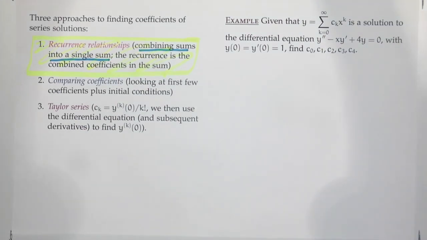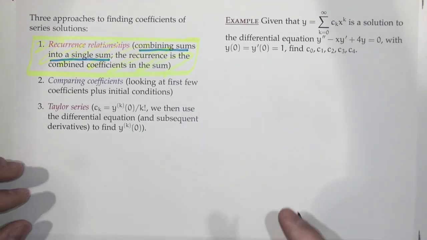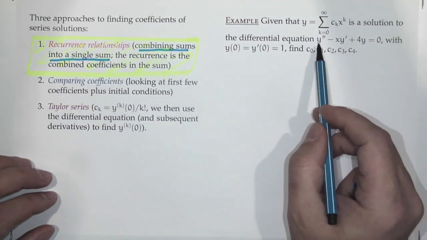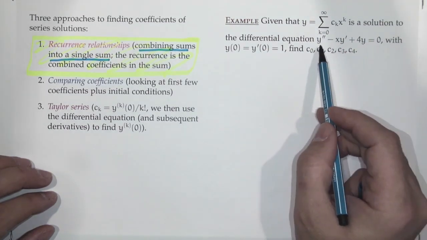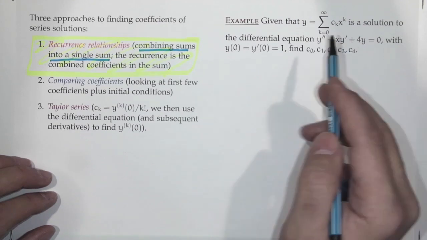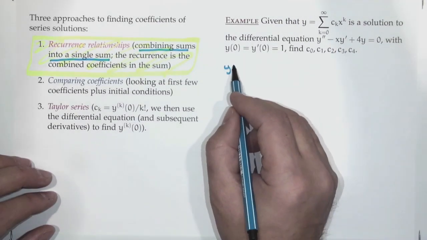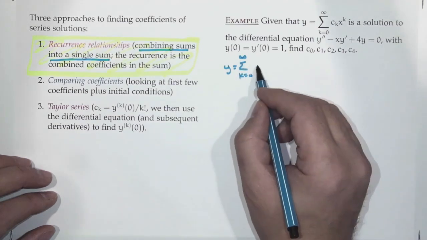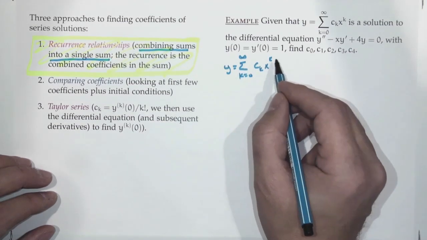Now, what does that mean? Well, we have an example. Let's work the example. So we start with y, and we look here. How many derivatives do we need? 2, because it's a second order differential equation. So we have our y, we'll write that down for reference: the sum from 0 to infinity of c sub k x to the k.